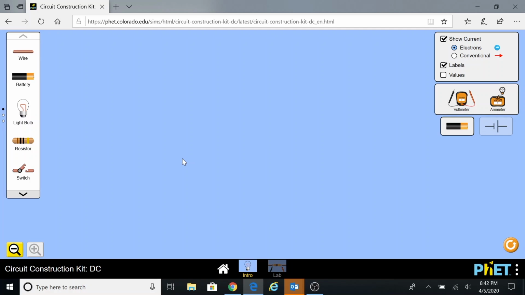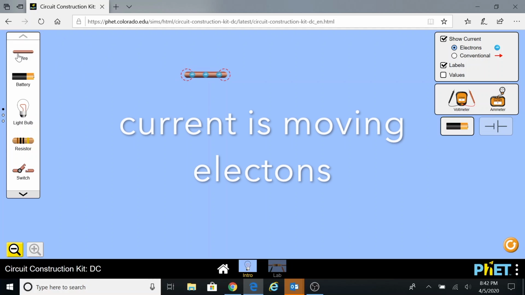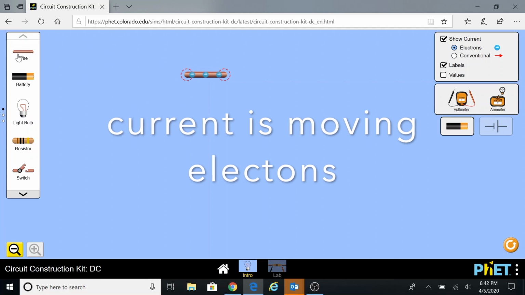When we talk about circuits, typically what we're talking about is current running through a wire. The current is electrons. So when we're talking about current running through wire, we are talking about electrons moving.